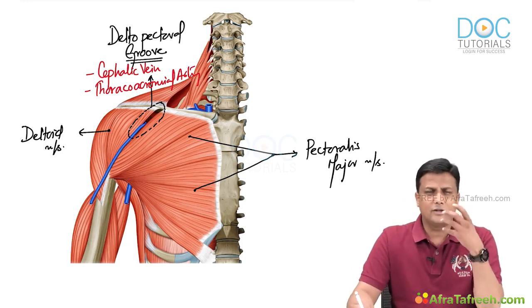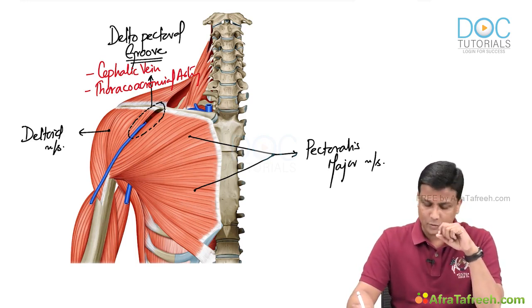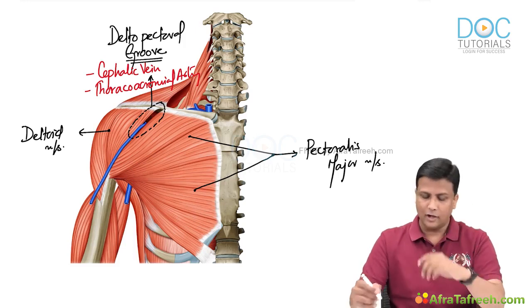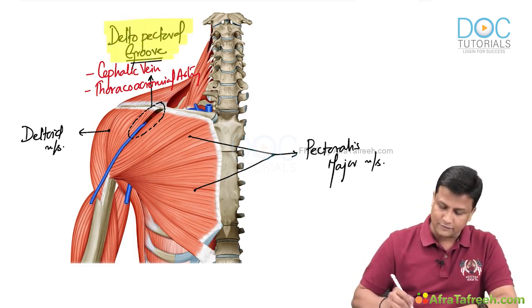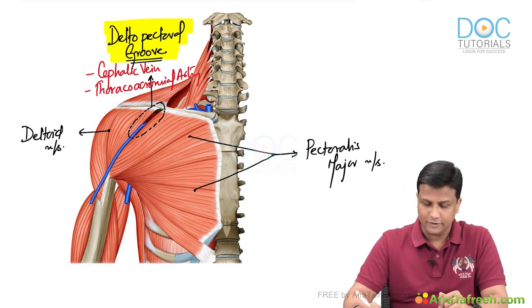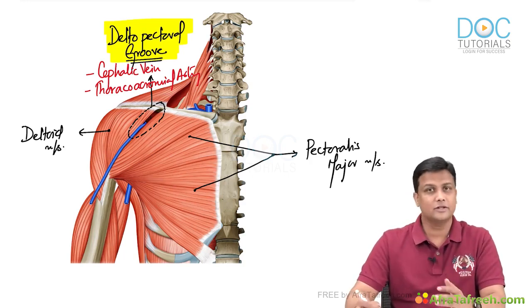It is divided into 4 branches. We'll go into the detail of that later on, guys. One of the branches of the thoracoacromial artery will be present over there. So for now, remember that the deltopectoral groove consists of the cephalic vein and a branch of the thoracoacromial artery. Perfect.